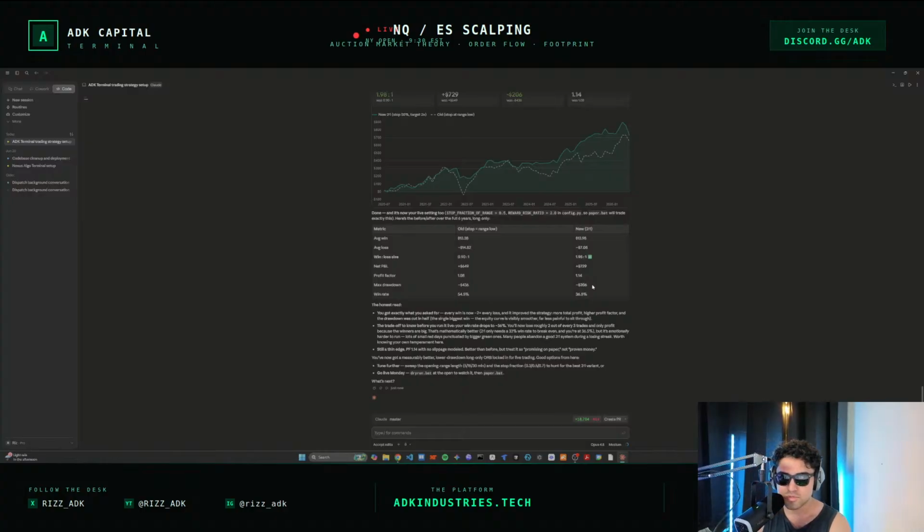But it's emotionally harder to run lots of small red days punctuated by bigger green ones. Many people abandon a good system during a losing streak. Worth knowing your own temperament here. Still a thin edge. Profit factor 1.14 with no slippage is better than before, but treated as promising on paper, not proven money.